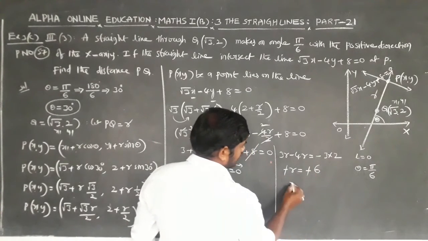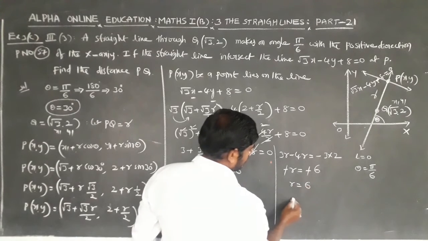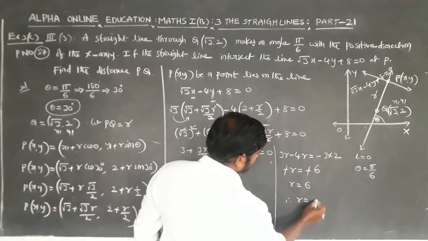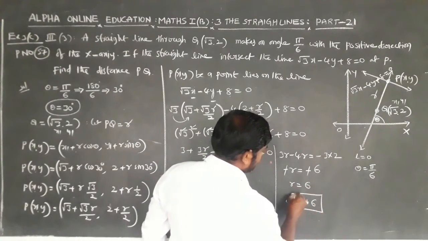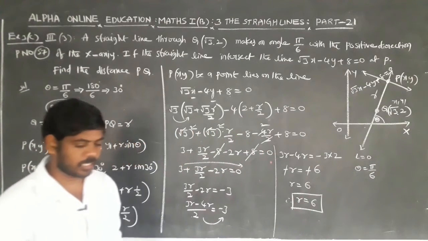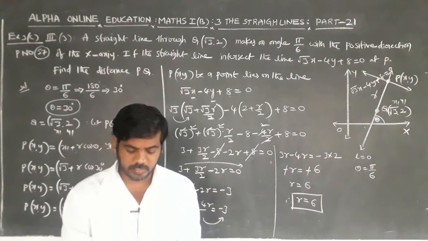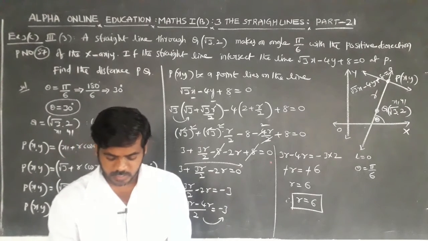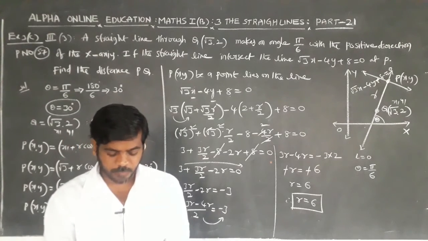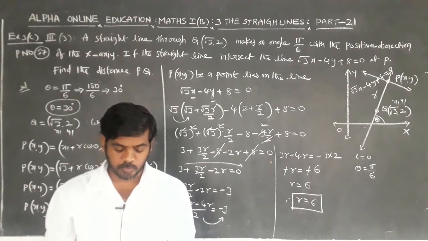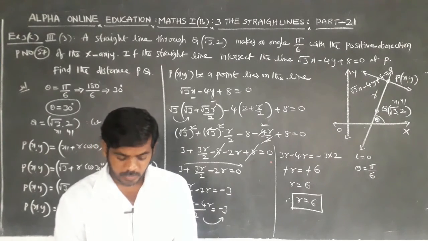Minus minus cancel, R is equal to 6. Therefore, the distance between the two points P and Q is equal to 6. This is the answer. This is the process for finding the distance between the two points.